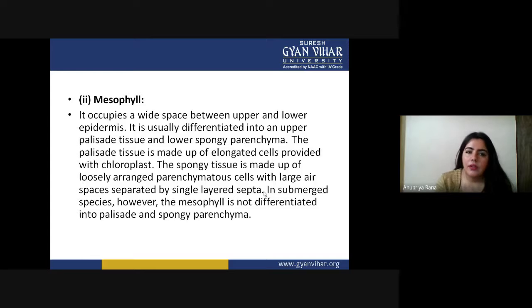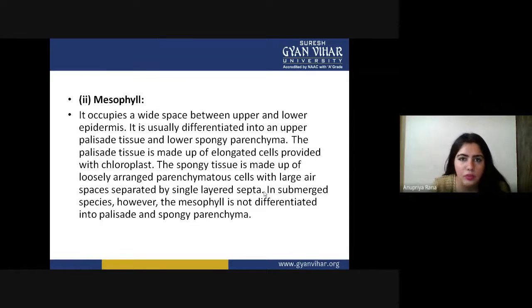Also, inside the leaf there is a second difference: in place of cortex we have the mesophyll tissue. Mesophyll tissue is the combination of two kinds of special tissue, called palisade and spongy. Always in the upper portion, palisade tissue is present.